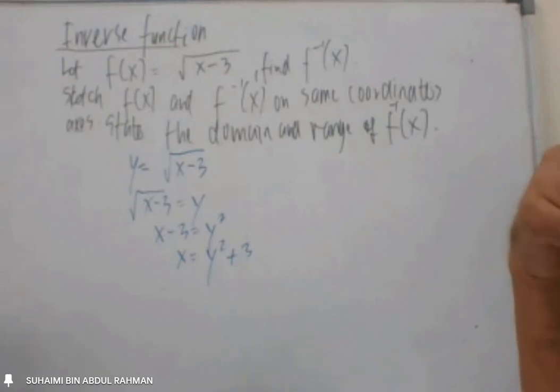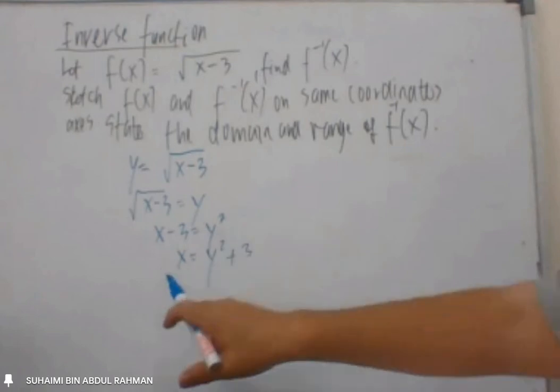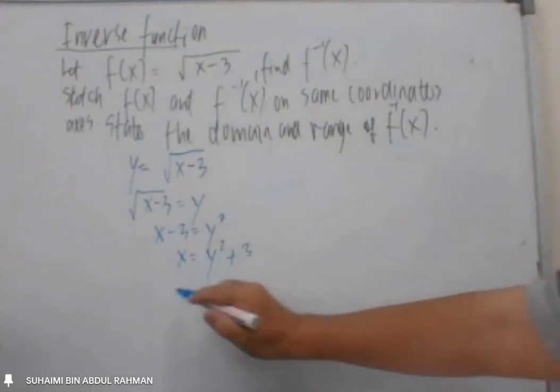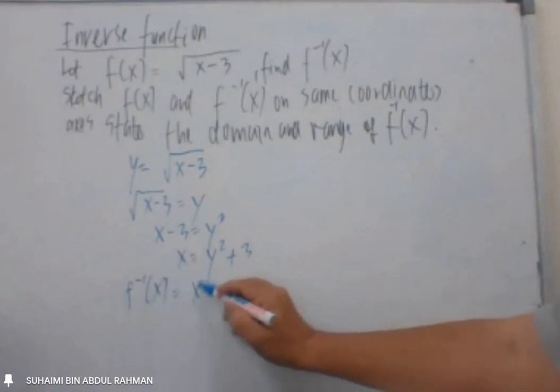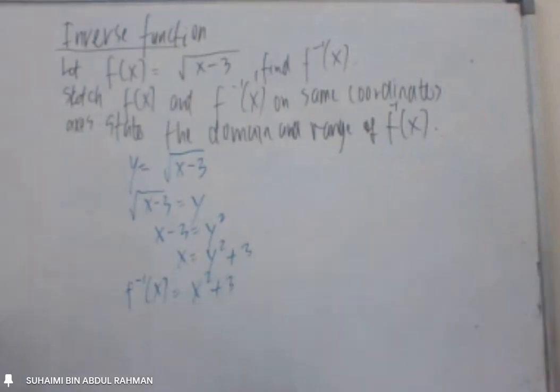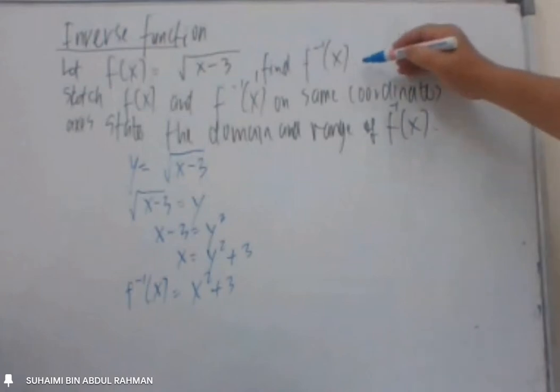That's the inverse function, when we write x in terms of y. The inverse is x squared plus 3.